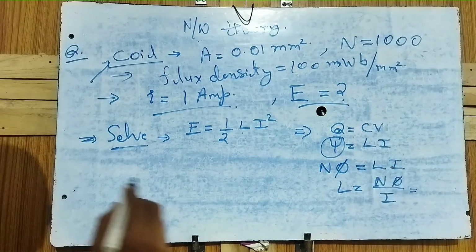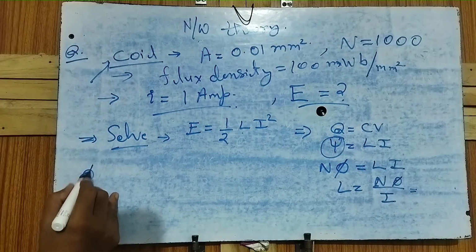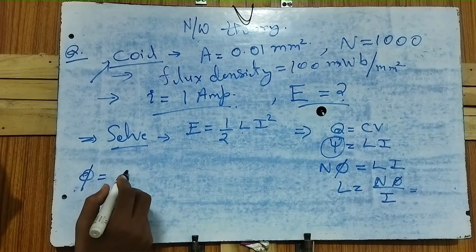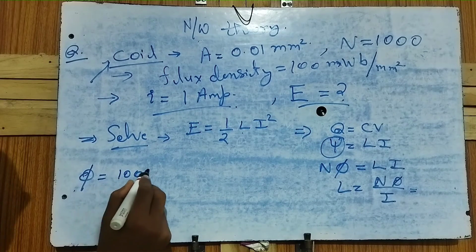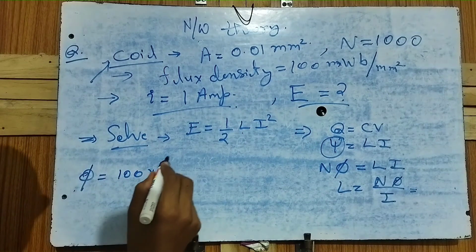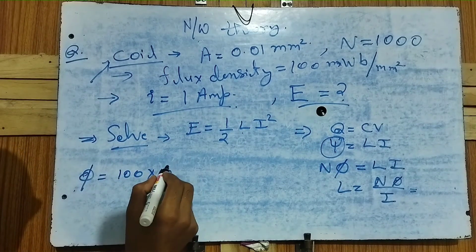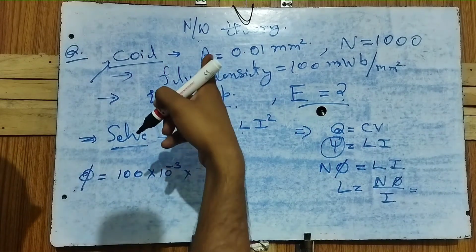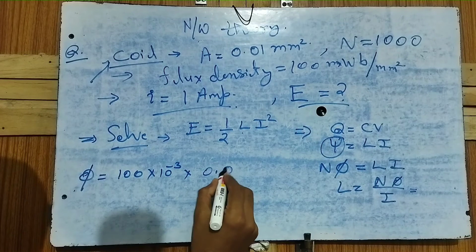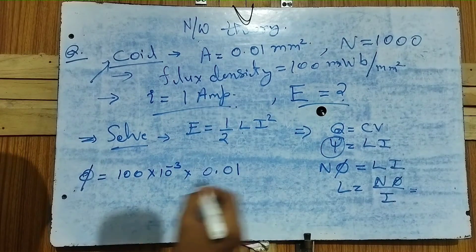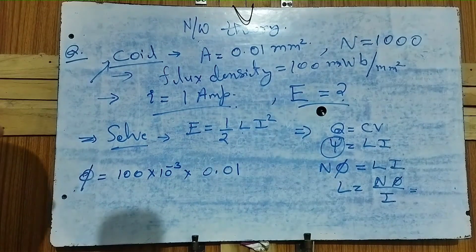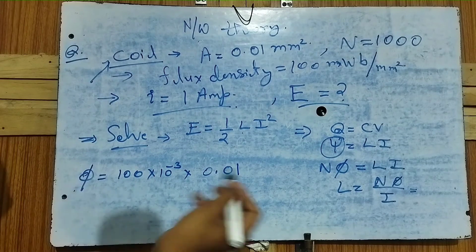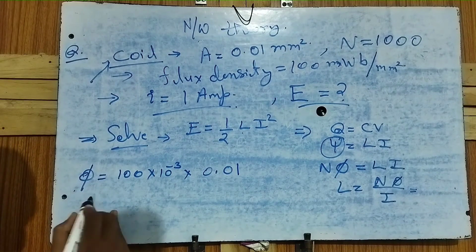And flux, what is flux? Phi. Here flux density is given, so flux density into area. Flux density is 100, but it is in milli, so 10 power minus 3. And what is the area? 0.01 millimeter square. So millimeter square will cancel out, so that will be the flux in Weber.